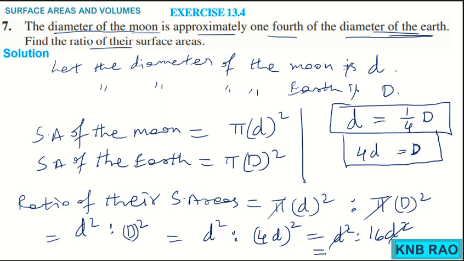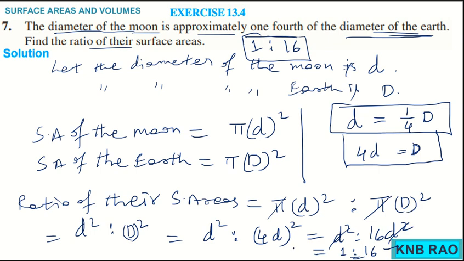Now, we are left with 1 is to 16, this is the answer. Okay. This is how we solve this question. Here I did not do much calculation at all, I just found the relation from this sentence between small d and capital D, and I used that. As I already said, I used the surface area of the sphere in terms of diameter. This is how we can make use of those formulas.